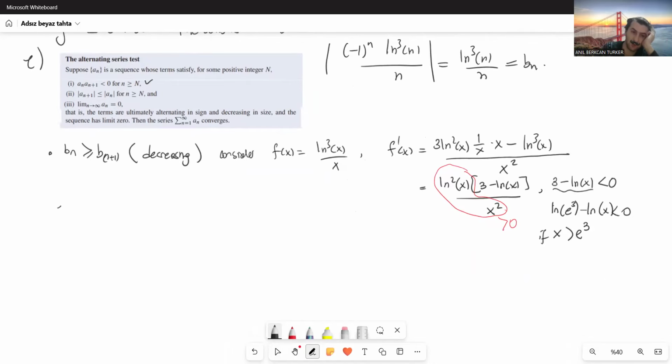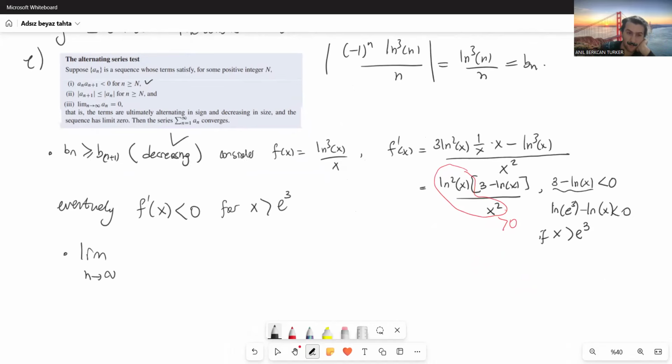Eventually f prime of x is always strictly less than 0 for x bigger than e to the power 3. So it is finished, right? Since the continuous part is decreasing, this discrete part is also decreasing. So this is shown.